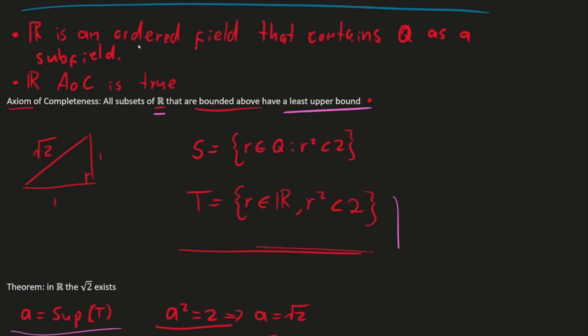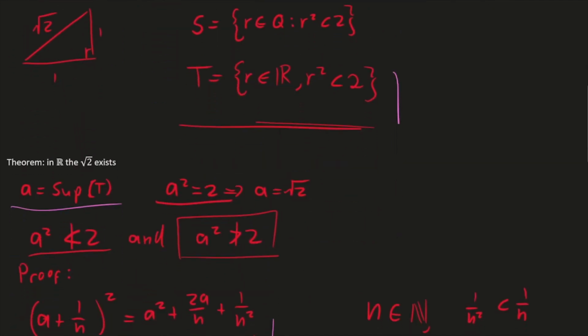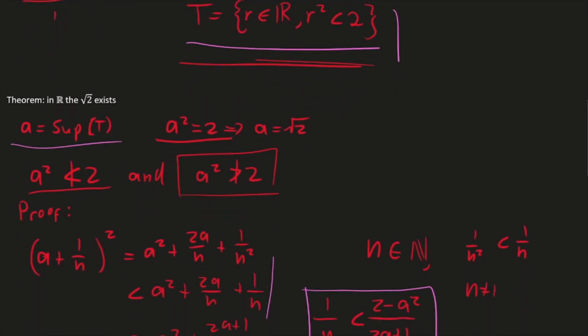Okay, I'll run through that one time very briefly. R is an ordered field that contains Q as a subfield, and in R the axiom of completeness is true. What we've done is we've shown that if we define some subset of the real numbers as such, the sup of that subset is equal to the square root of 2.